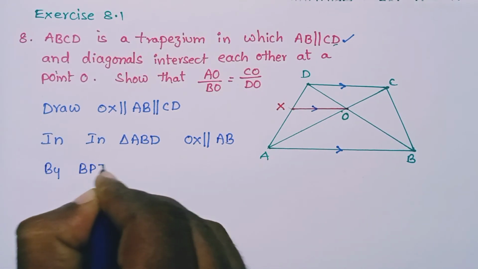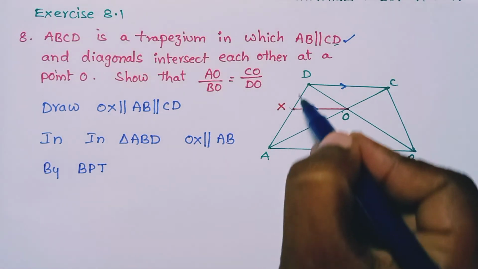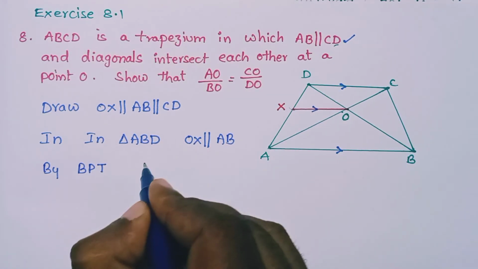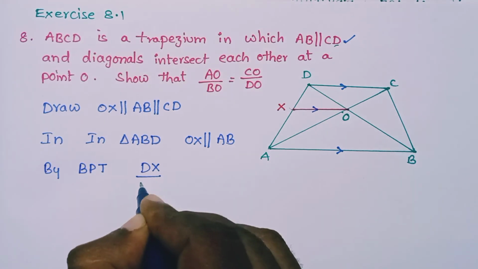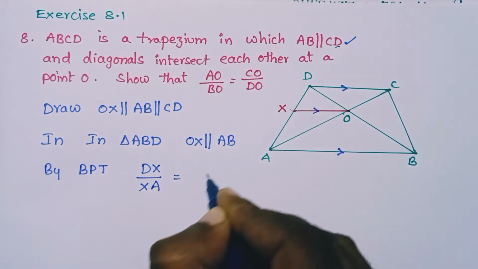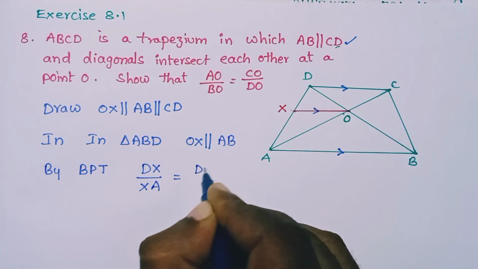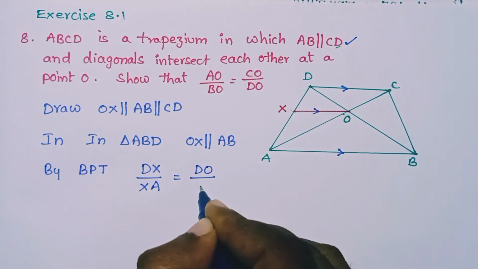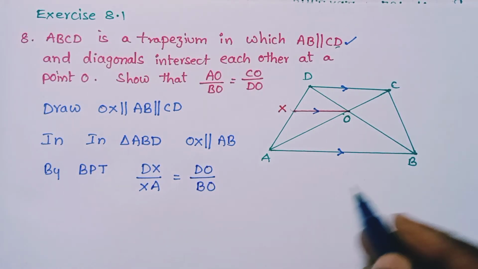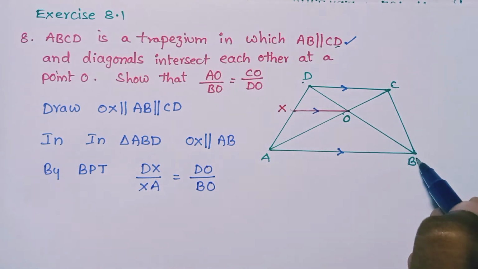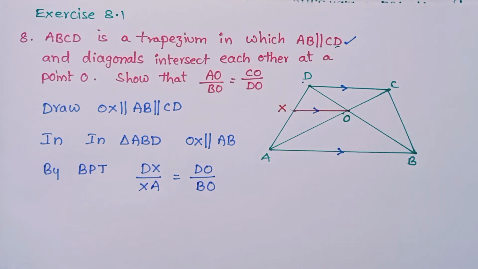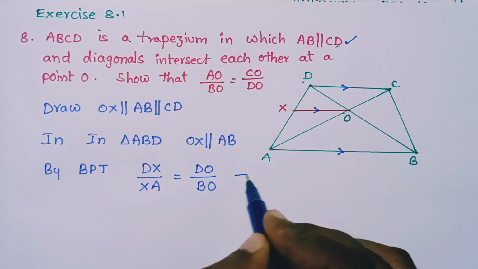By basic proportionality theorem, we can write DX by XA is equal to DO by BO. We can write OB or BO, both are same. This will be the equation number 1.